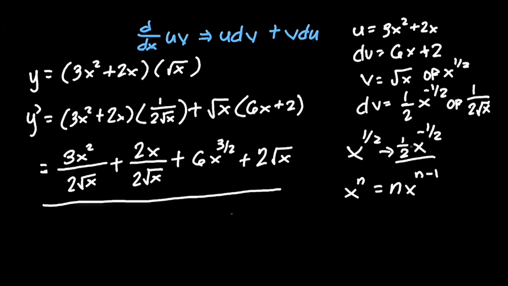And so I just simplify this. The meaning of x raised to the power of negative 1 would simply be 1 over x. And x raised to the power of 1/2 would be square root of x.